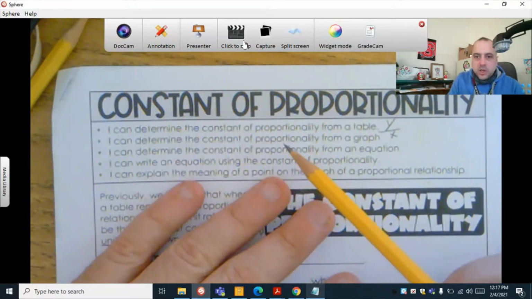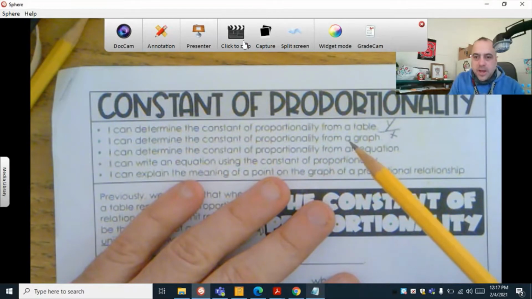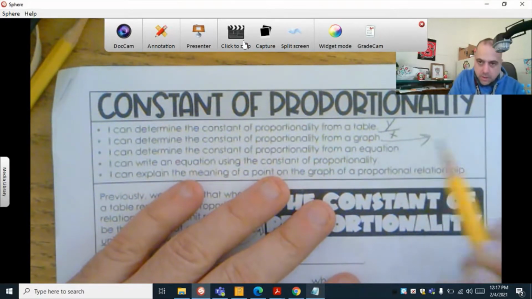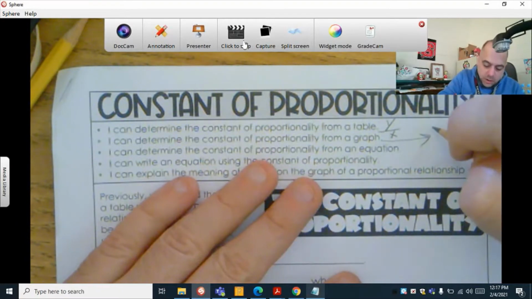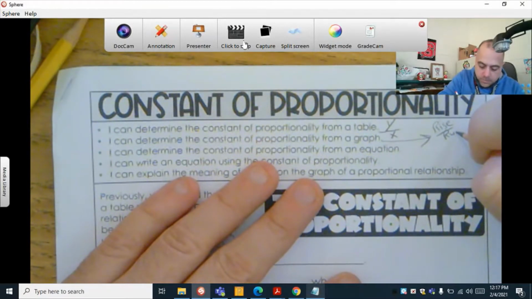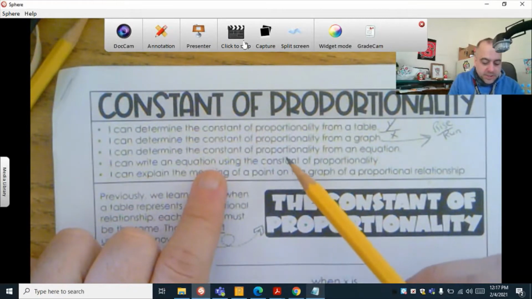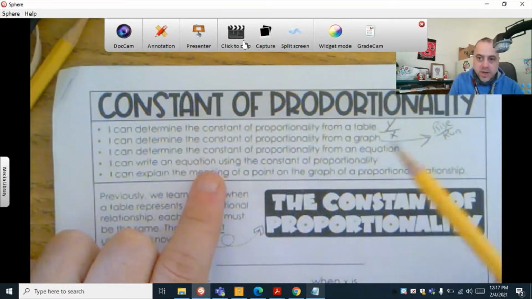I can determine the constant of proportionality from a graph. When you do that, that's talking about rise over run. I can determine the constant of proportionality from an equation.